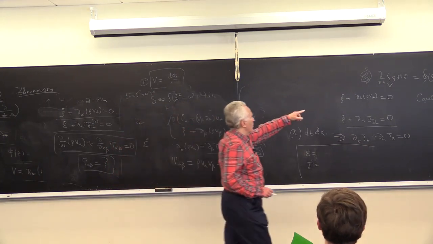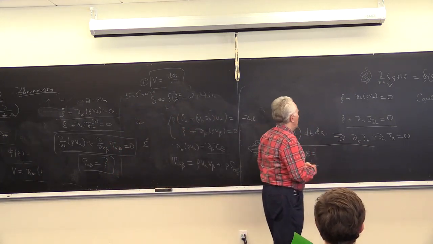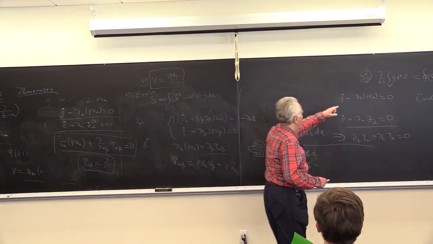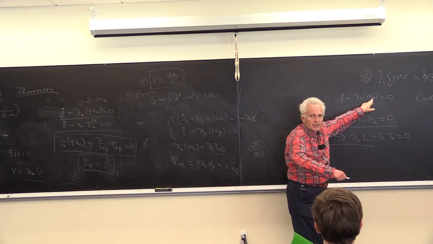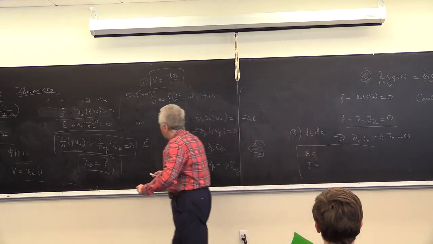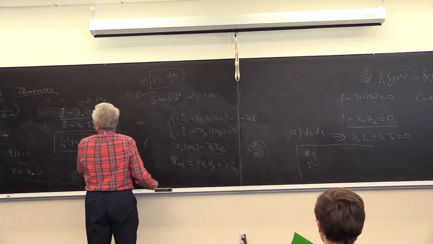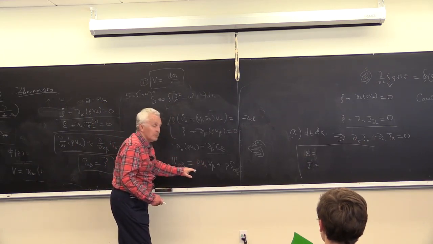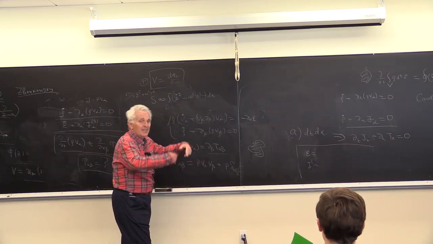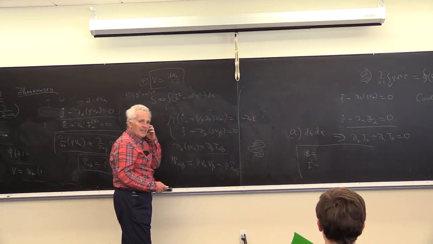It was simply rho v alpha here, and it was just the amount of mass carried out in the alpha direction. Now here we have the amount of momentum density carried in the beta direction.